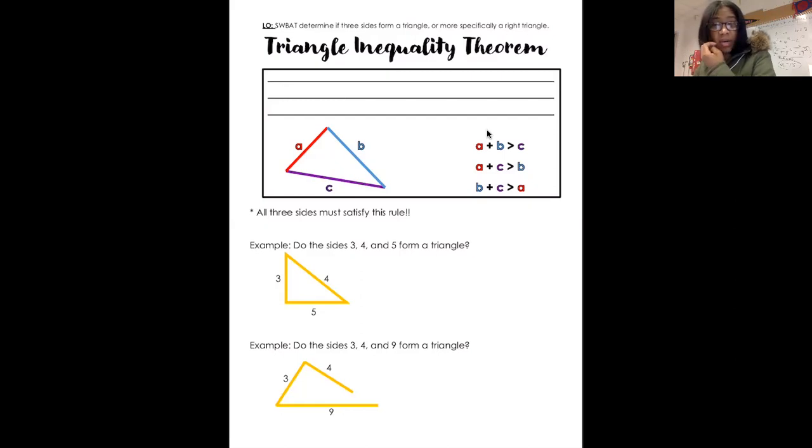All right, our first theorem, the triangle inequality theorem, it basically says the following.